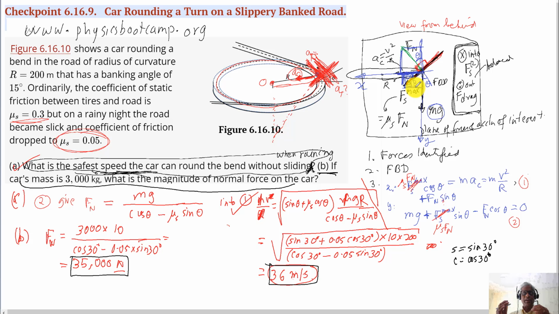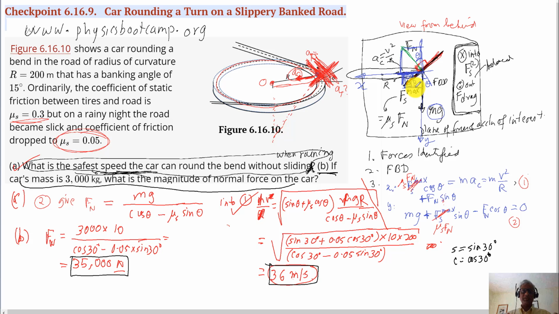And to address that, over here, I imagined what will happen if the static friction was not there. And when I imagined that, I found that the car would veer off, go up the road. It will drive up the road, which means the static friction must be pointed down the road.